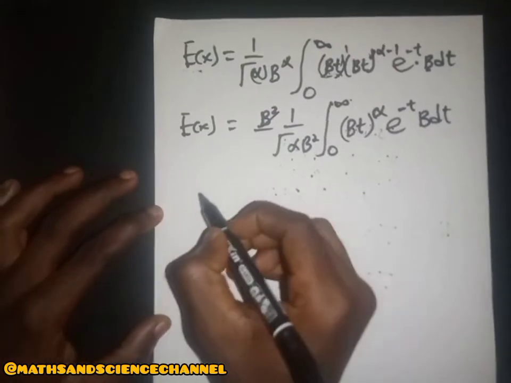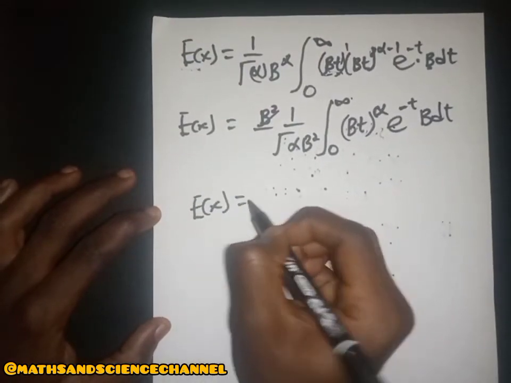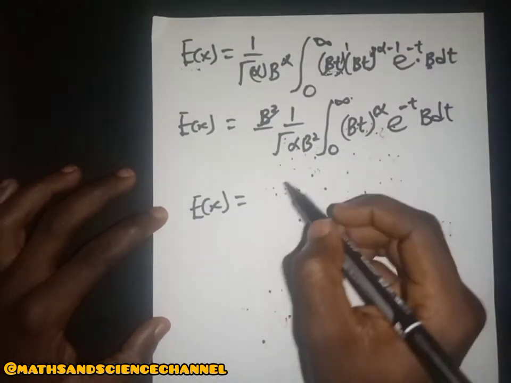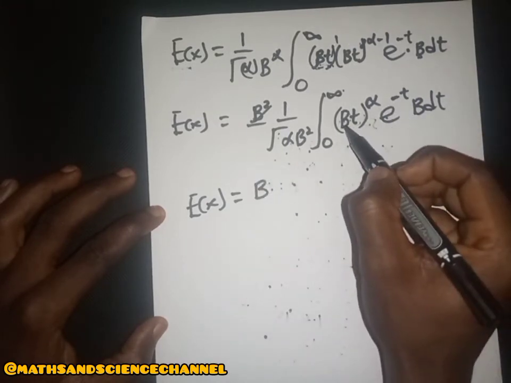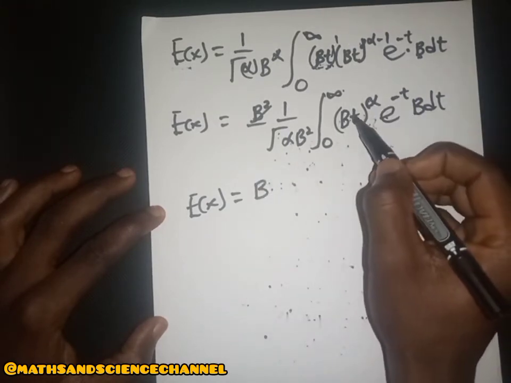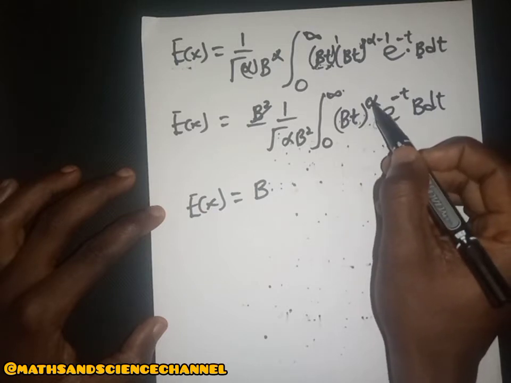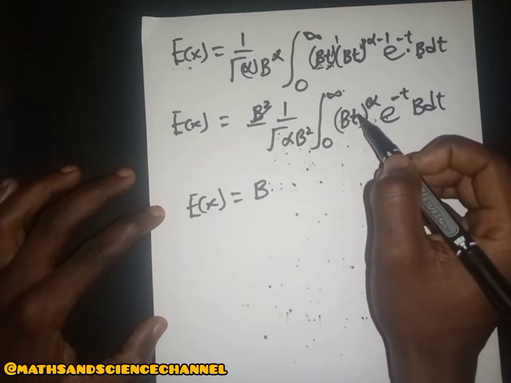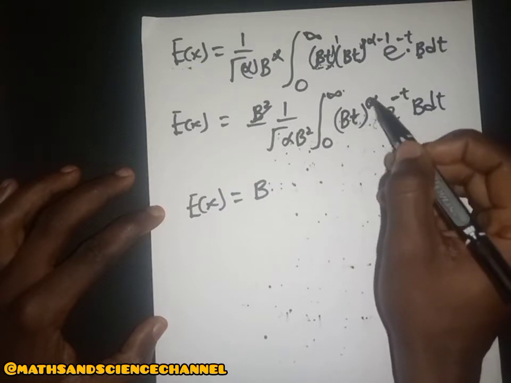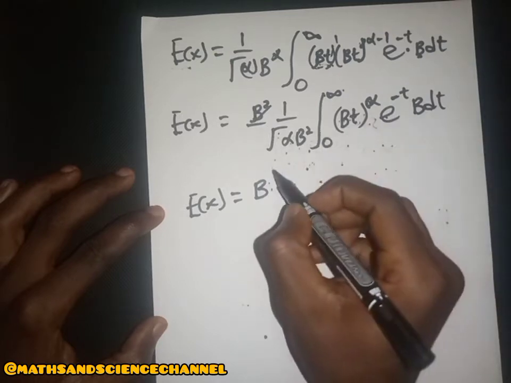So from here we can just bring this beta outside here, and then remember we have beta to the power alpha, t to the power alpha. So since we are writing this with respect to the gamma function, which is t to the power alpha minus 1, just substitute beta out.